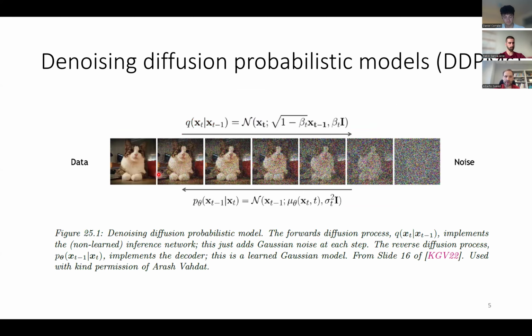So I have this one, I simulate that one, starting from that one. From that one, I simulate that one, etc. So that would be the AR1 process. But because the form of this AR1 process is simple, I can go directly from here to, let's say, here. So I can inject noise directly to that point.